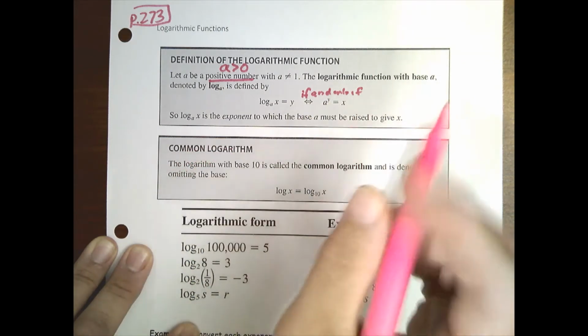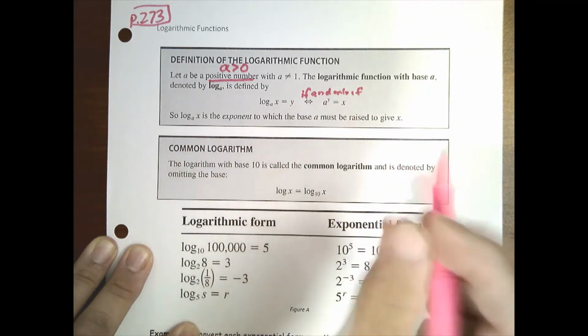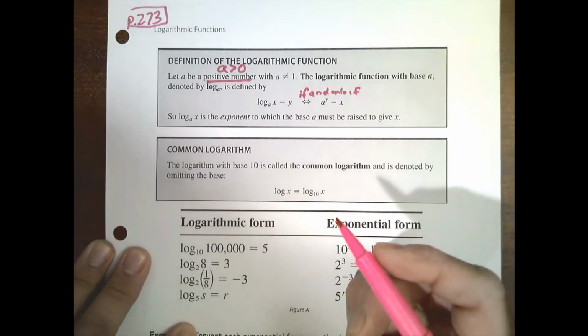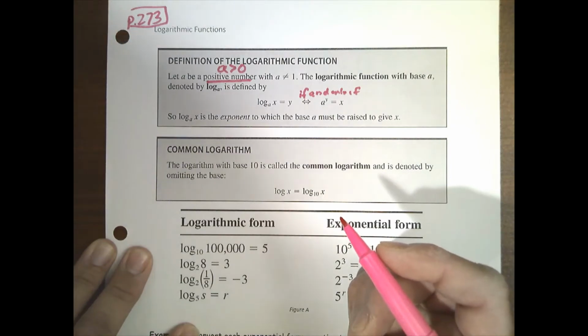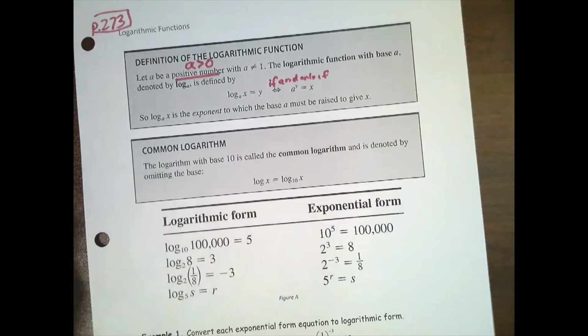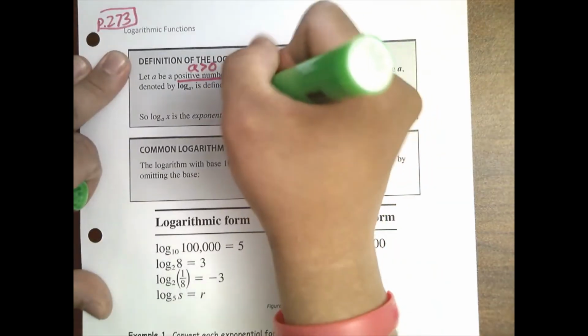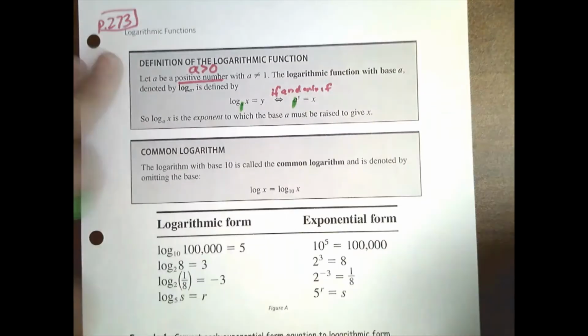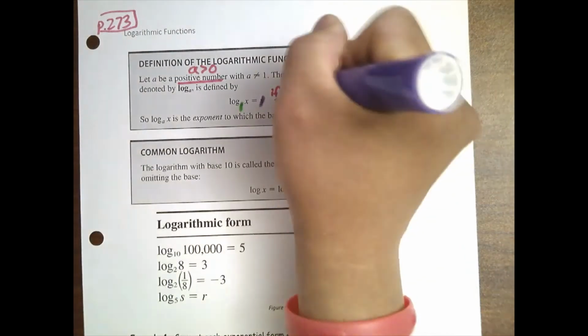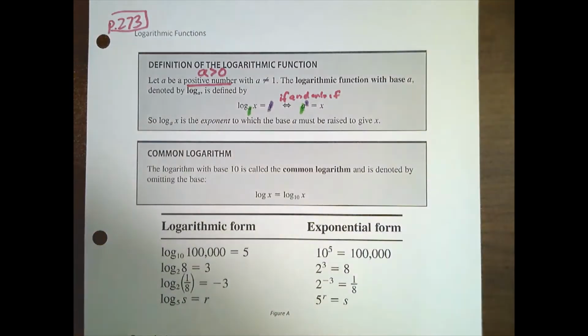Last week I actually used b instead of a, but it doesn't really matter what you call the letter for the base. But in both cases, what you need to notice is that a is the base, y is the exponent, and x is what the value is equal to.